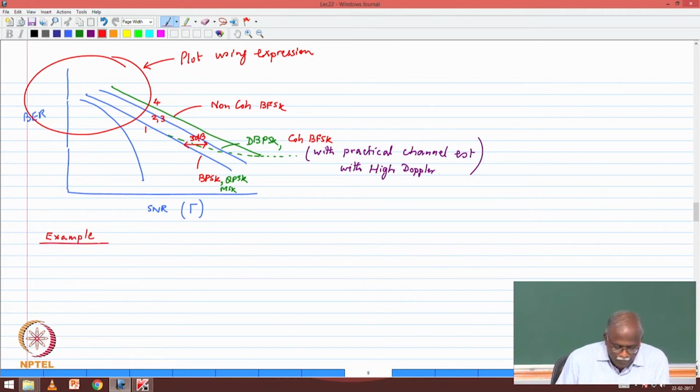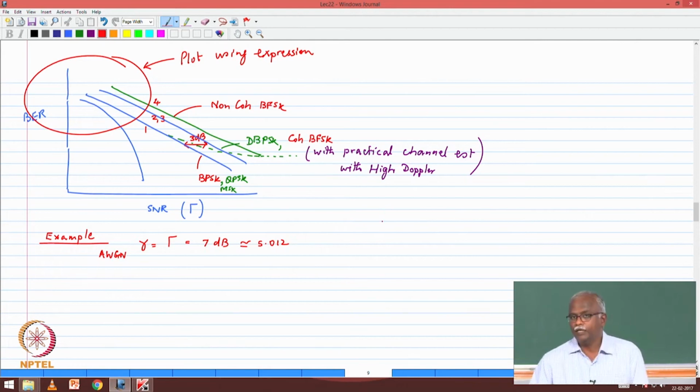Now, if I were to be given that the average SNR in an AWGN channel, gamma, is equal to 7 dB. This is approximately 5.012.